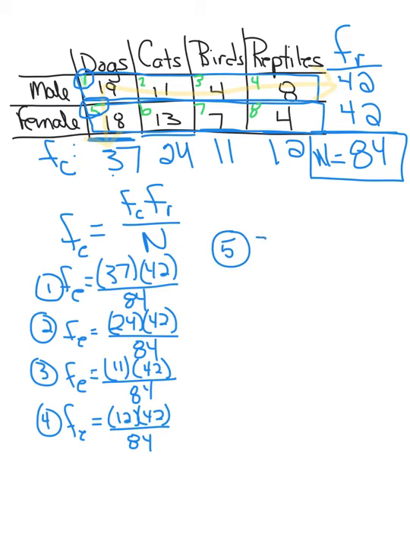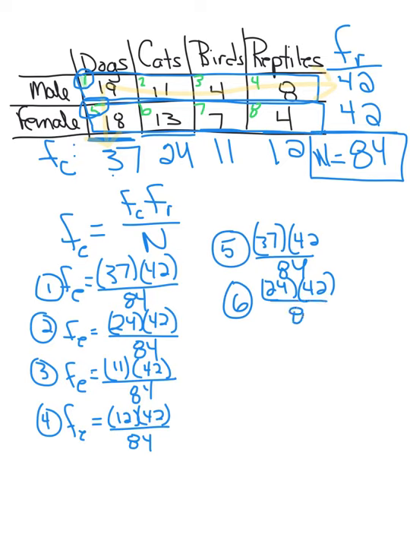So again, we have 37 times 42 divided by 84. And for 6, we have 24 times 42 divided by 84. For cell 7, we have 11 times 42 divided by 84.